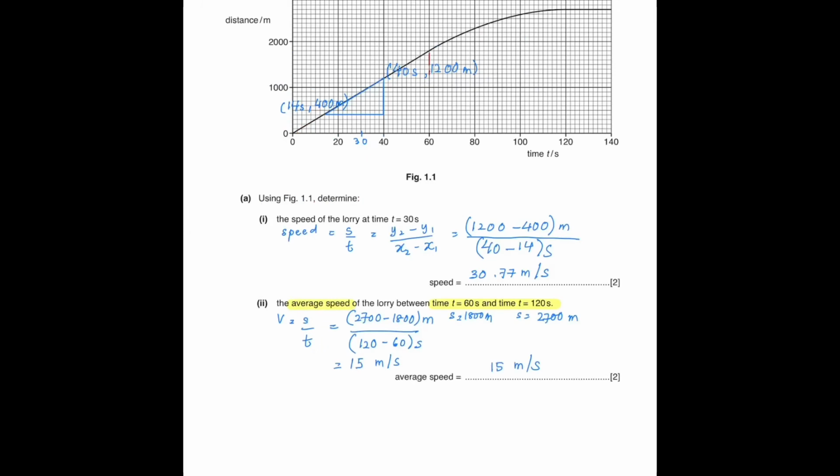Alright, so in question C, you need to describe the motion of the lorry between t equals to 60 seconds and time t equals to 130 seconds. So let's look back at the graph of distance against time. Alright, so for the time taken between 60 seconds to 130 seconds, we can see two shapes of line graph.